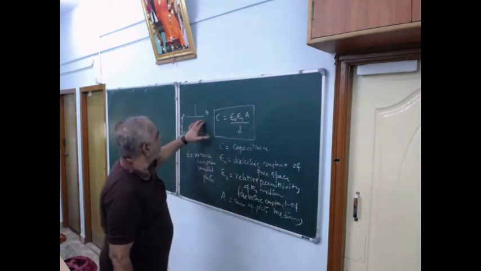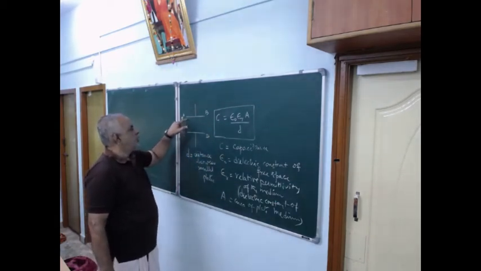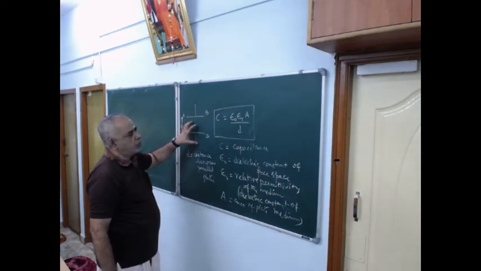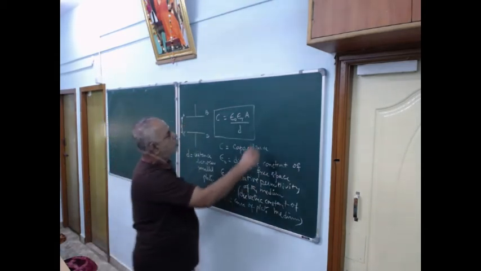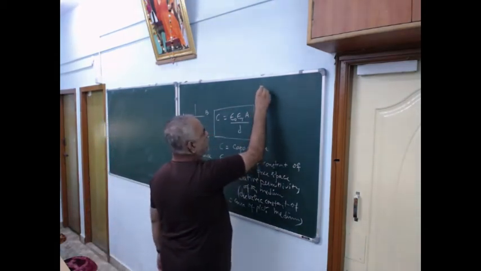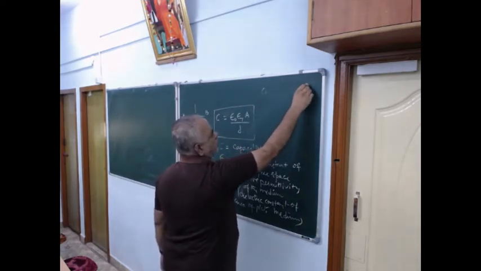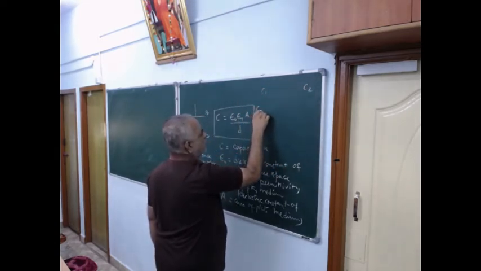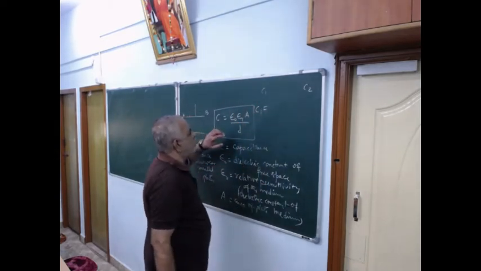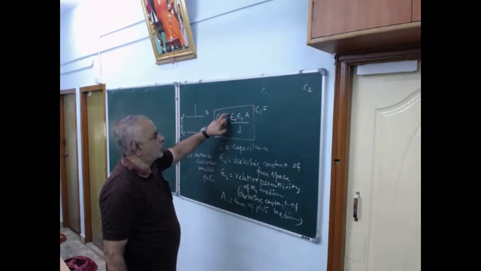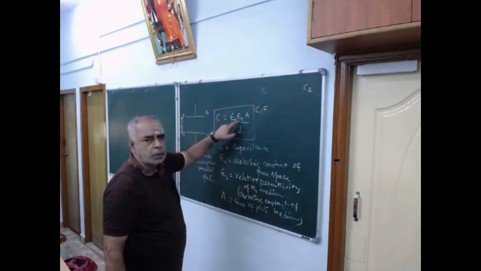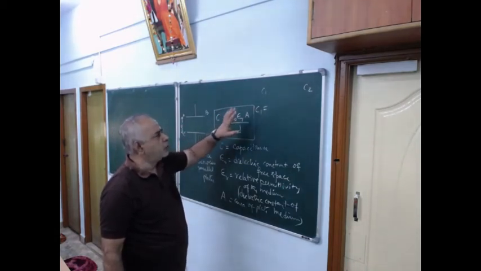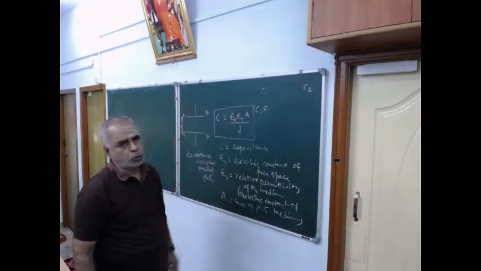And the area is constant here because these parallel plates have equal area. So let us consider two cases, C1 and C2. Which are all the constants here? Epsilon naught is constant, and epsilon R, if it is the same given medium, is also constant.